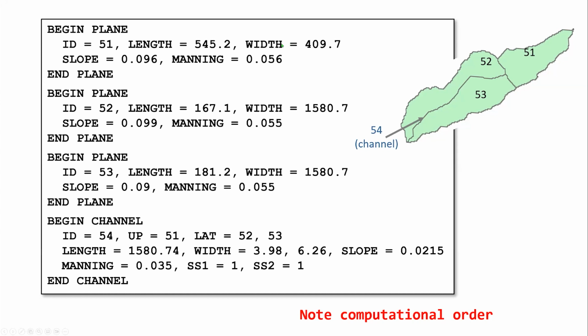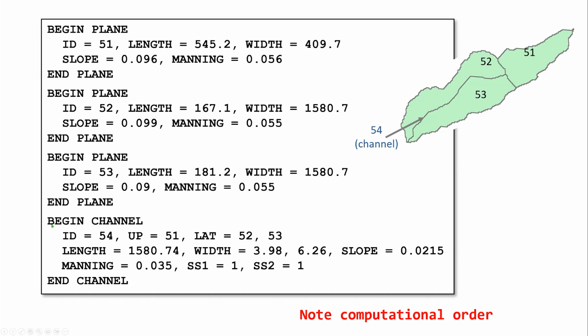So we have length, width, slope, and Manning's n. And so we're done with that 51 element. And now we're going to go down to 52. Again, it's impervious. There are no infiltration parameters. Now we'll go to 53, same sort of thing.